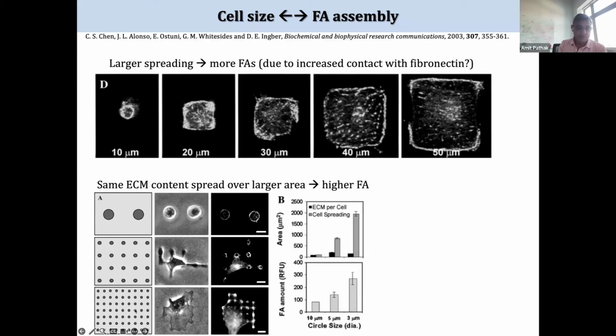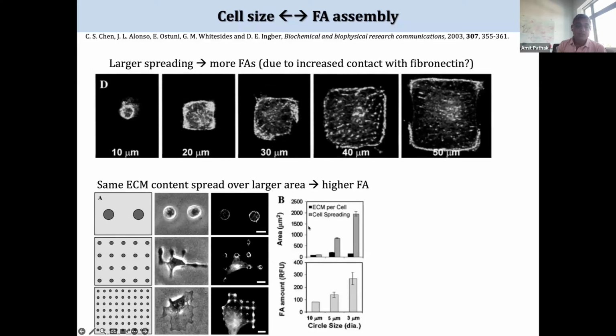The bottom panel schematic is showing the same amount of protein as the top, but distributed over a bigger area. So this will answer the question: is the cell making more adhesions because of more ECM protein, or is it because of spreading?